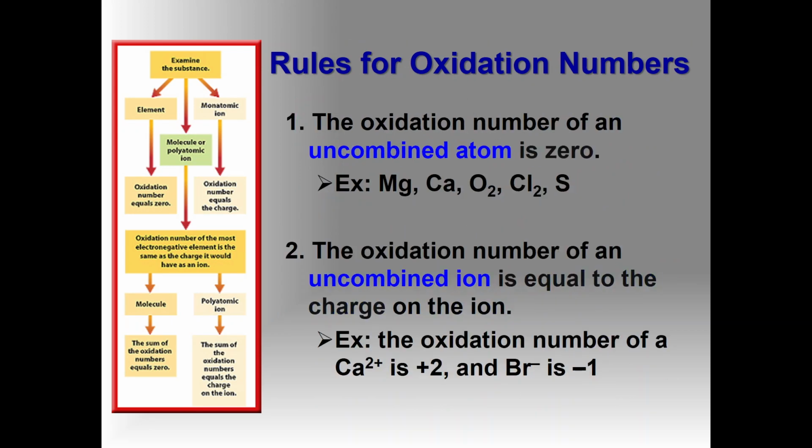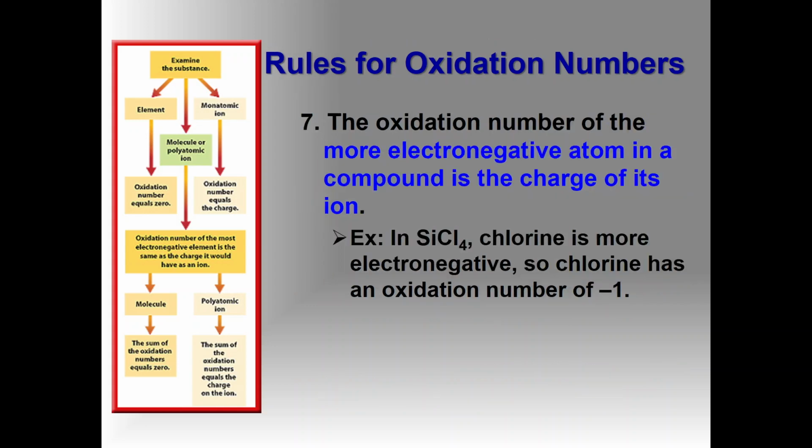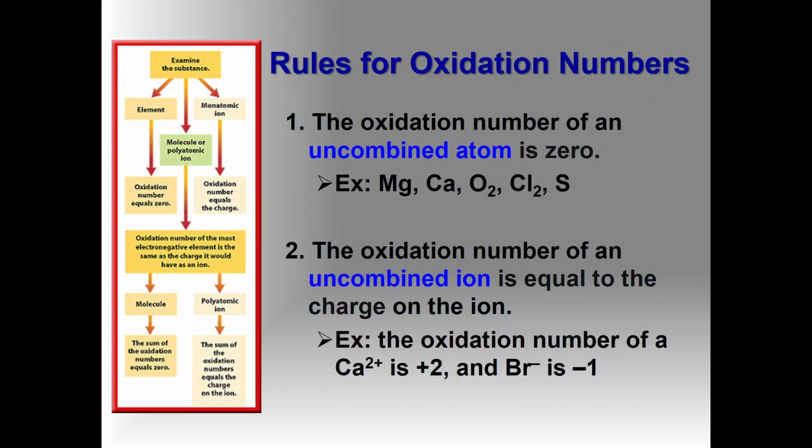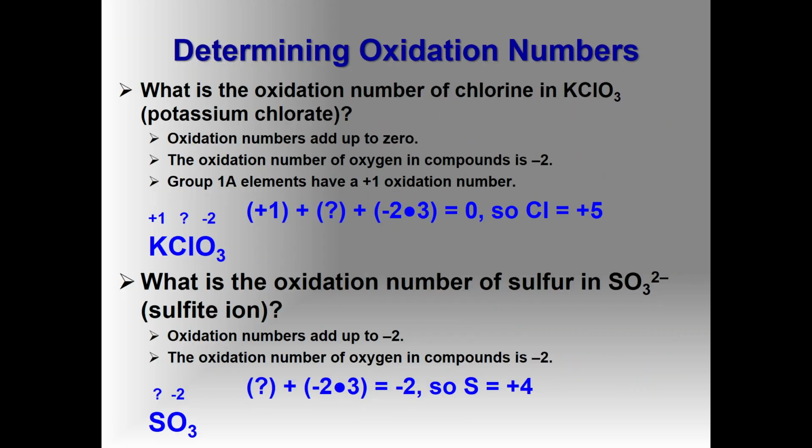So looking at our rules: oxygen is always -2, hydrogen is always +1, 1A and 2A. 1A is always +1, 2A is +2. Anything left over, basically, you're going to have to figure out and calculate.